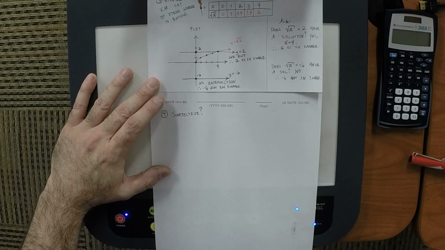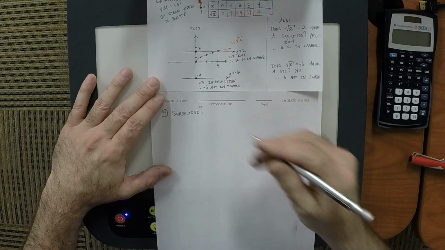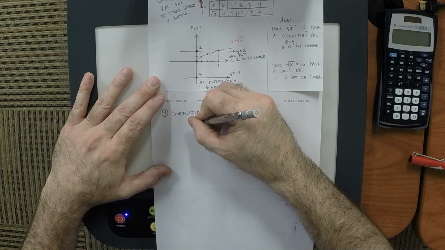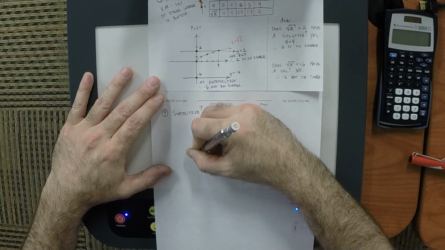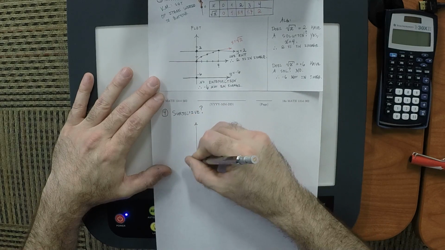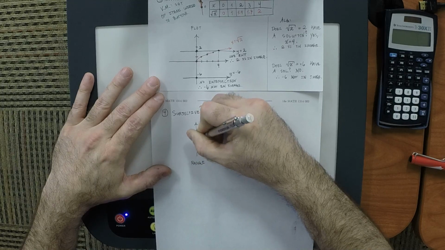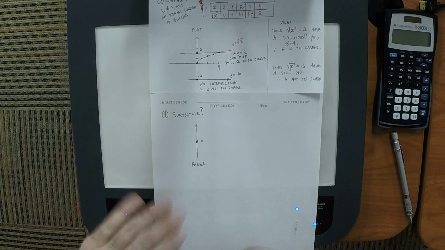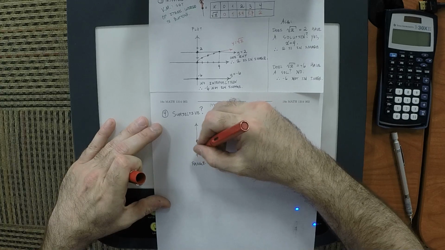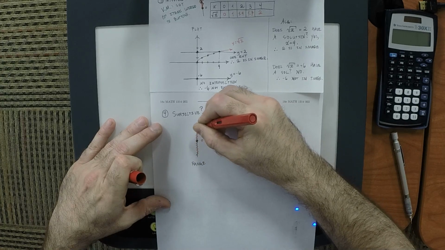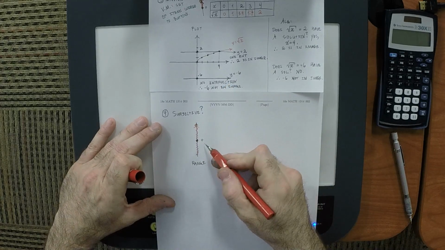In this case, the answer is no, because visually, we said that the range is all of this, so that's 0.